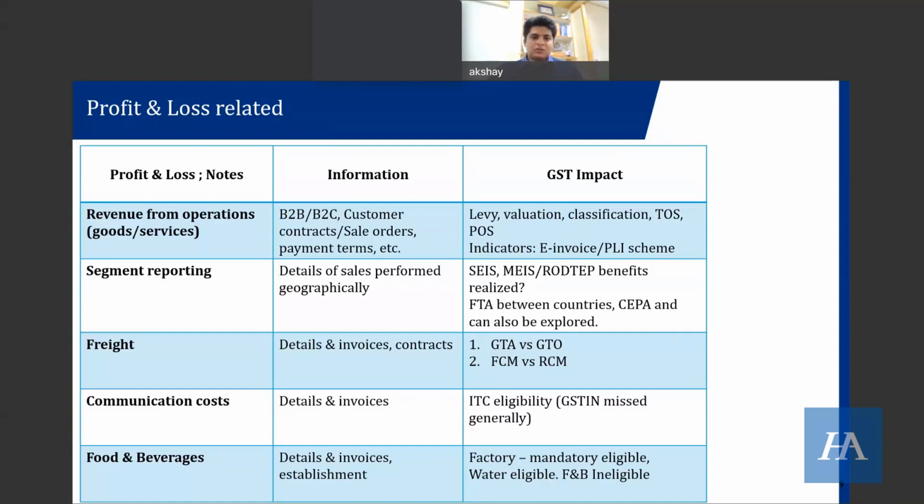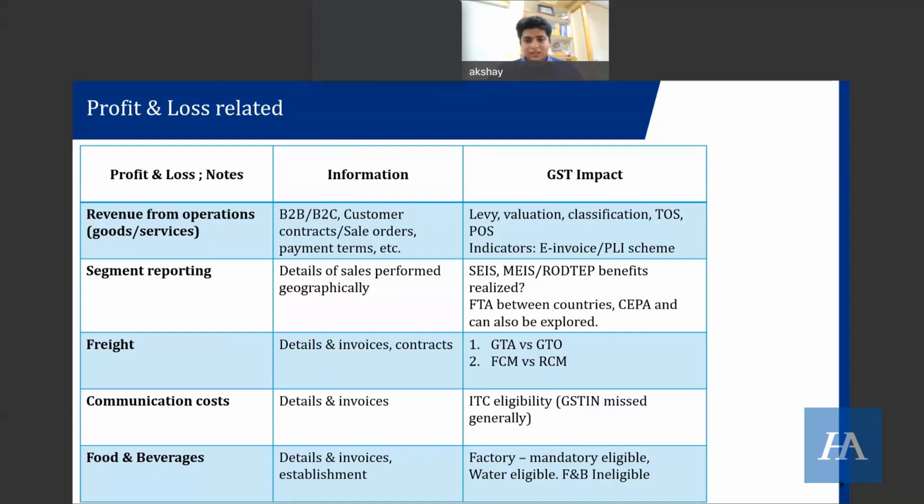Segment reporting, when we come to it, these are the details of the sales which are performed geographically. This will help you understand whether there is a possibility of SEIS, MEIS or ODTEP benefit which can be realized, which has not been realized. If you link this back to your other current assets, you can see, if I have my segment outside India and I'm selling goods to them, then have I taken the MEIS benefit?